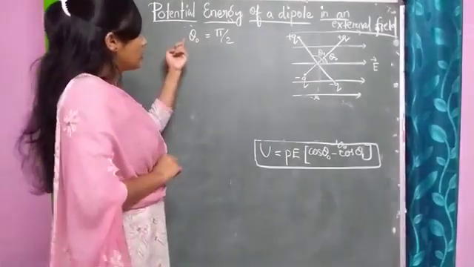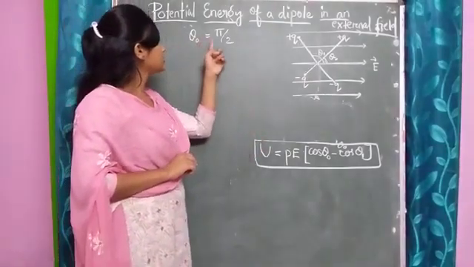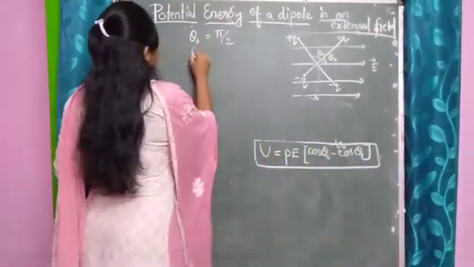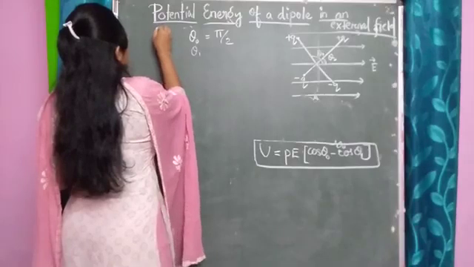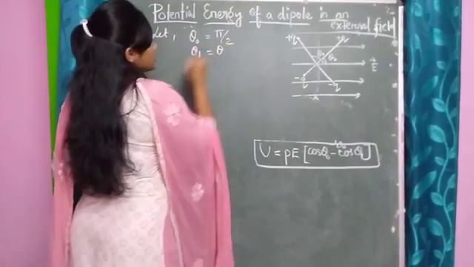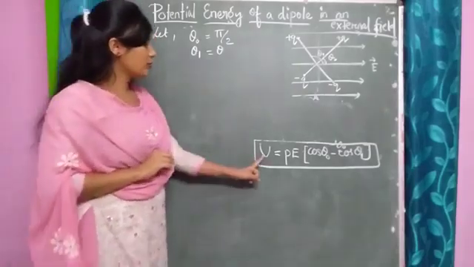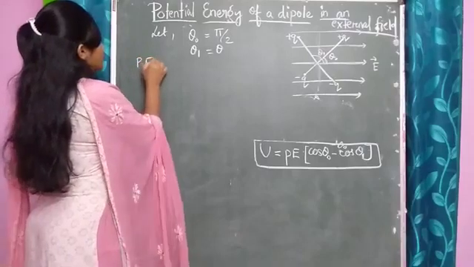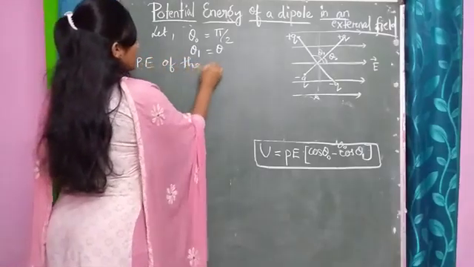So let us take theta naught as pi by 2 and theta 1 we say theta.